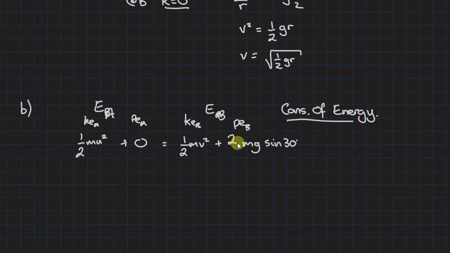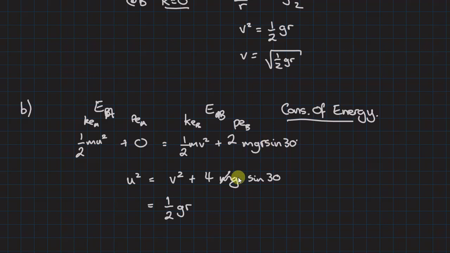So now I can put in the bits I've worked out. I've cancelled through by the m's and the halves. So I've got u squared is equal to v squared plus 4g r sine 30. Substitute the v from above, 1/2 gr. Half of that is 2... oh, where's my r gone? I messed up the r from there.